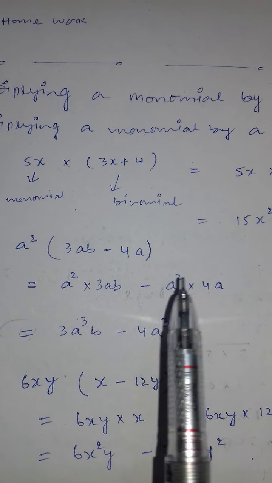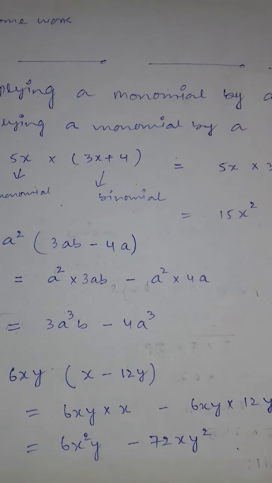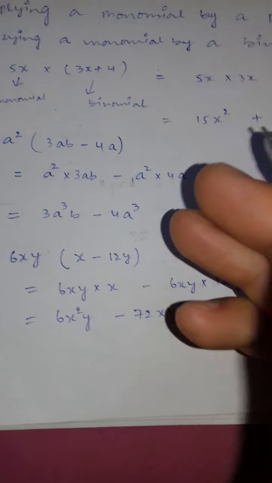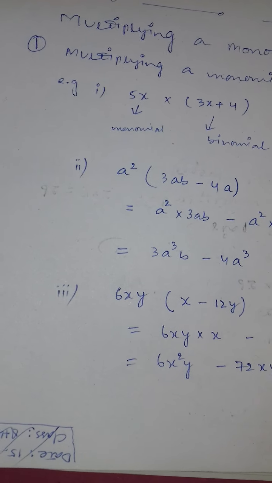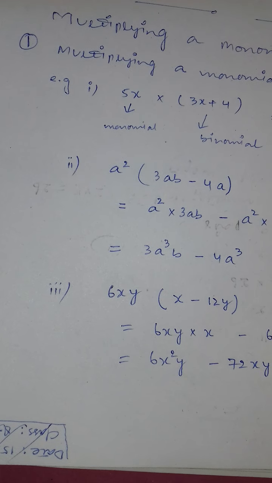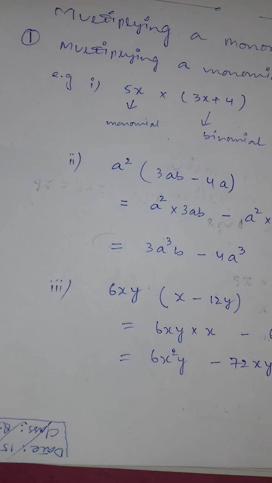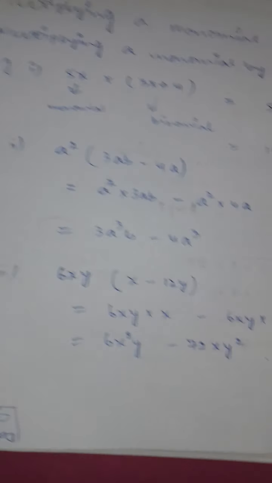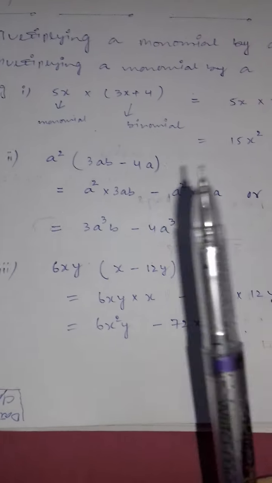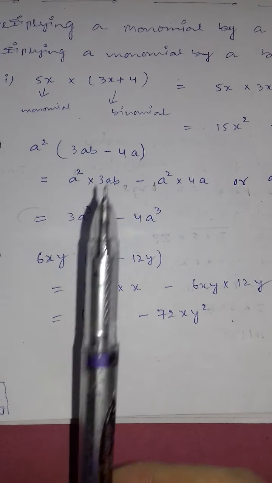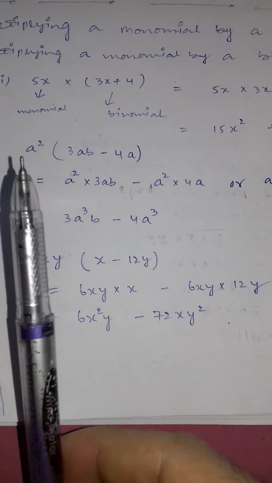It is not necessary to write it like this. You can also write a square into 3ab plus a square into minus 4a. You can also write like this. Now a square into 3ab minus a square into 4a.